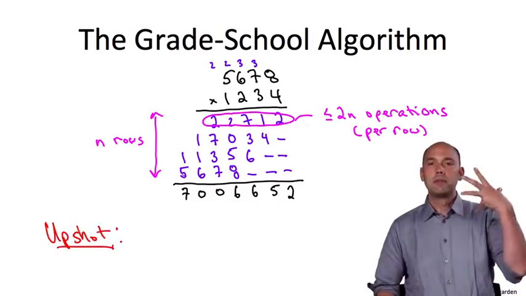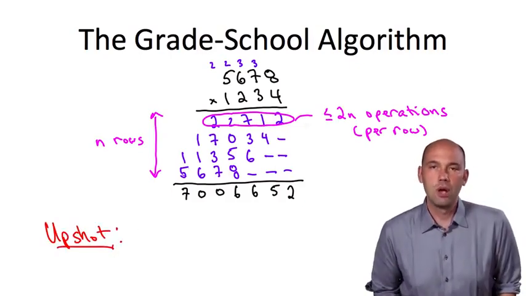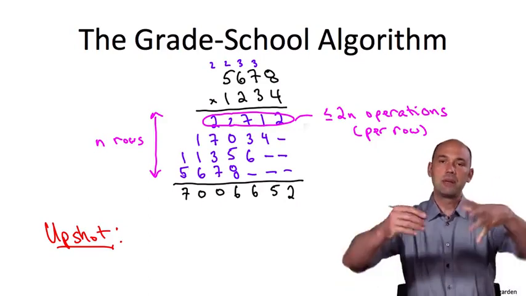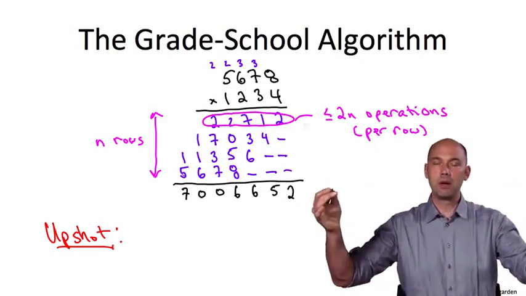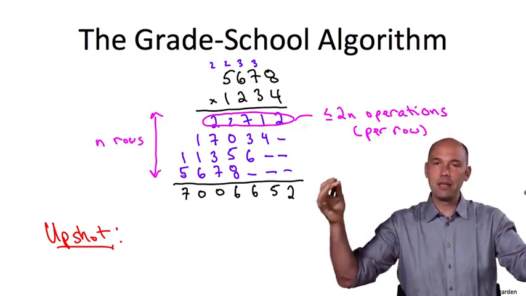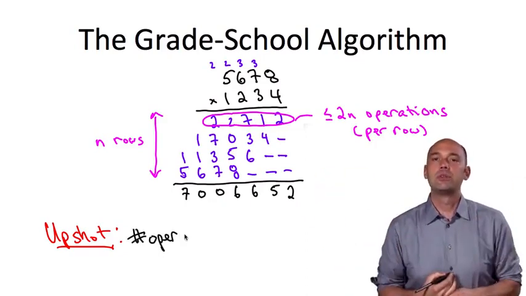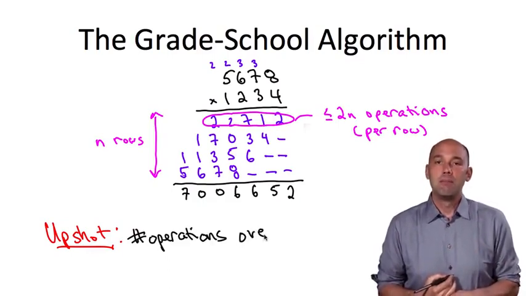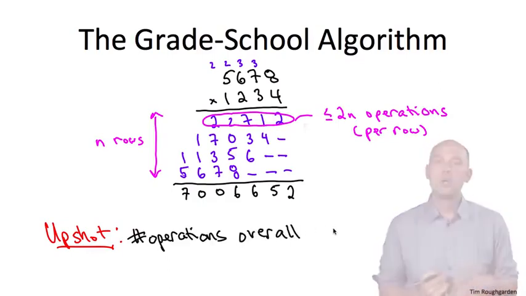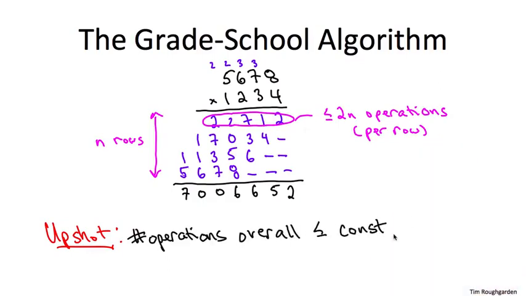So the upshot, the high-level point that I want you to focus on, is that as we think about the input numbers getting bigger and bigger, that is, as a function of n, the number of digits in the input numbers, the number of operations that the grade school multiplication algorithm performs grows like some constant, roughly 4, say, times n squared. That is, it's quadratic in the input length n.